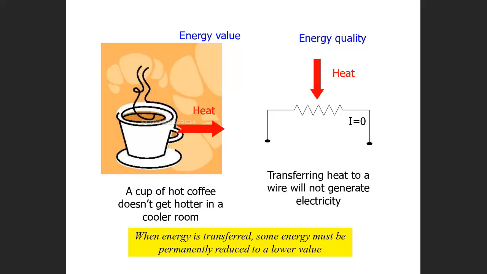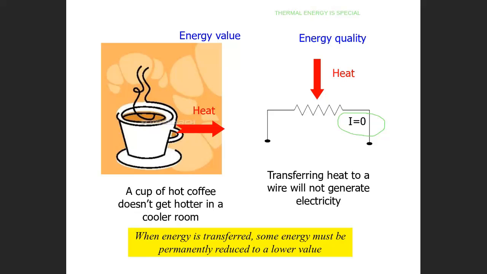For example, transferring heat to a wire will not generate electricity. If you just heat the wire, it cannot generate electricity.